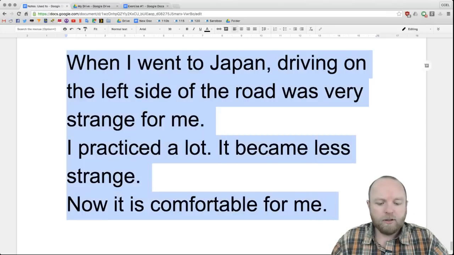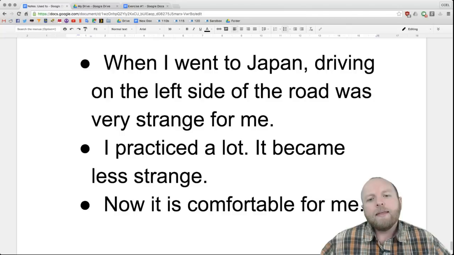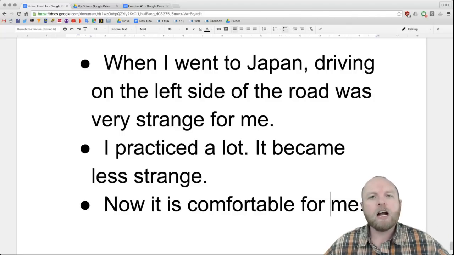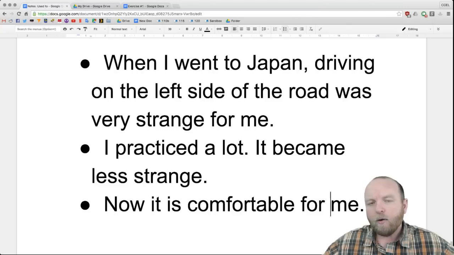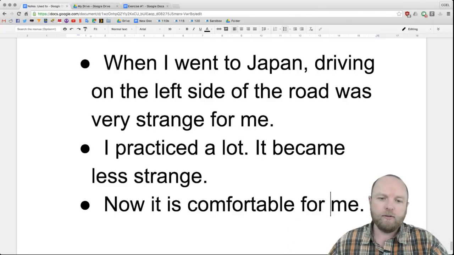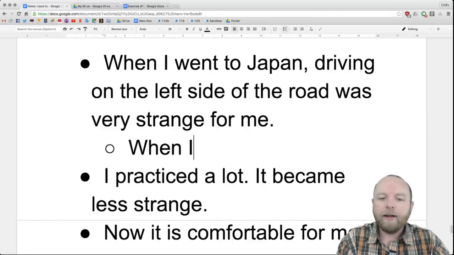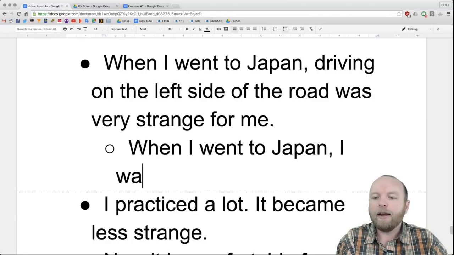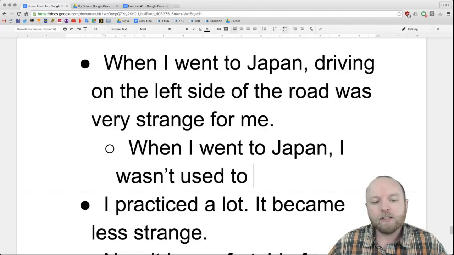Okay, let's put this in bullets. This meaning, comfortable or strange, we can usually explain in English with be used to. So look, when I went to Japan, I wasn't used to. Be used to.